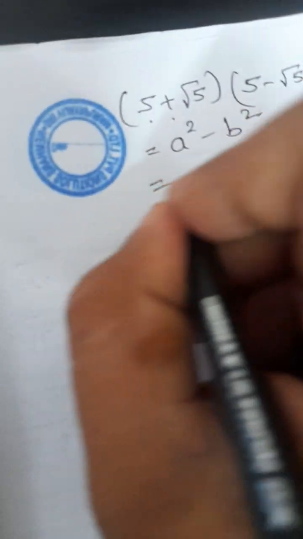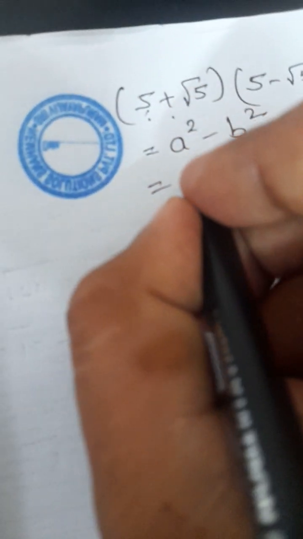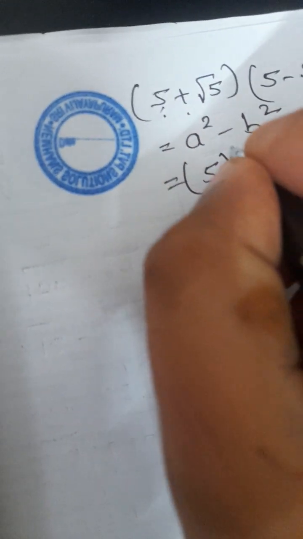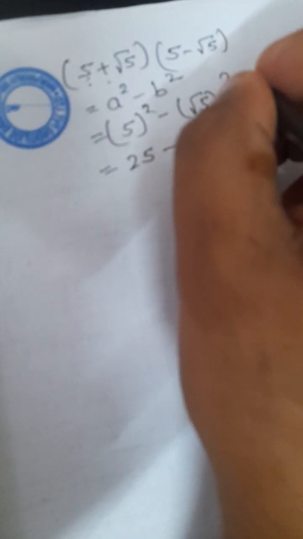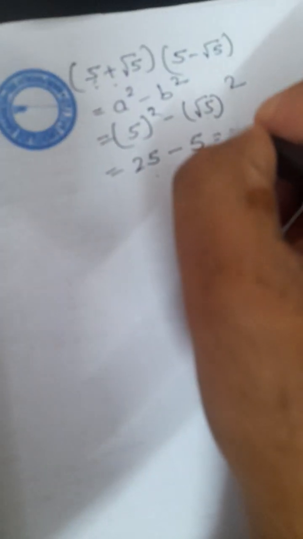So what is a here? A is 5, so 5 square minus b, which is root 5 whole square. 5 whole square is 25, minus root 5 whole square is 5. So 25 minus 5 will come as 20.